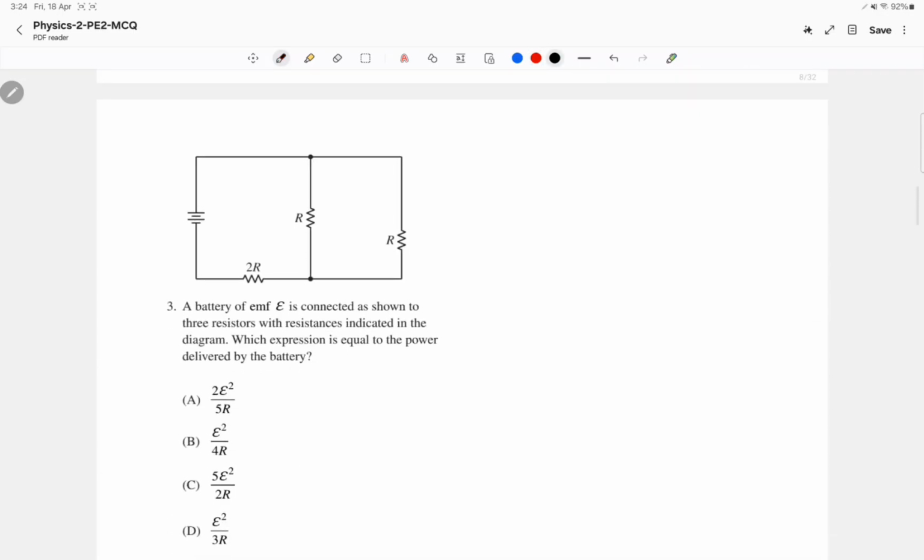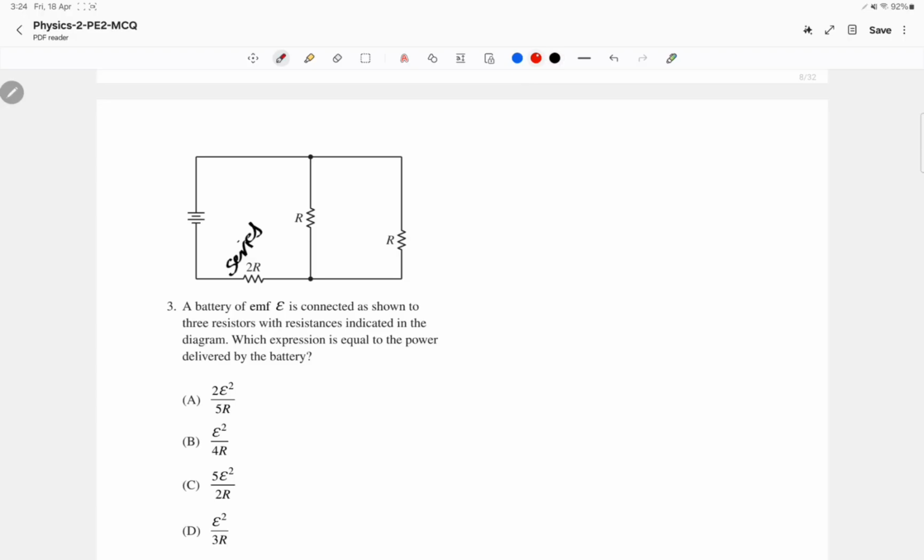Question 3. Here we have, what do we have in here? Do we have parallel or series or a combination? A combination. Which one is the series one? The 2R. Exactly. Whenever you have a parallel and a series type of resistance, you should always find the parallel branch first.